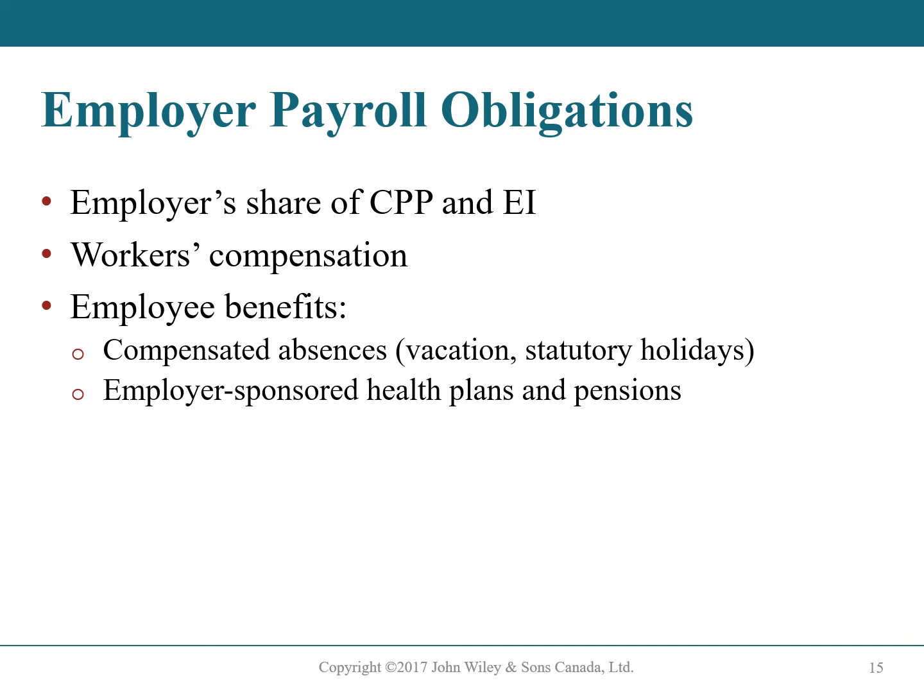All of these amounts, plus any items pertaining to employer-sponsored health plans and pensions and compensated absences, holidays, and vacation pays, for example, are referred to as employee benefits. These are not amounts withheld from an employee's pay, but instead are additional expenses incurred by the employer.